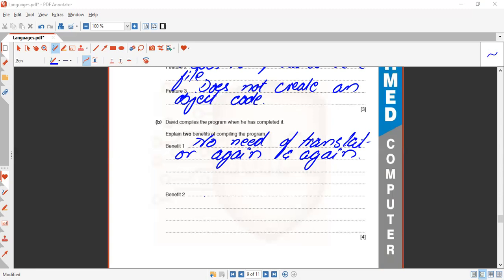No, you cannot say that. It will produce an executable file.